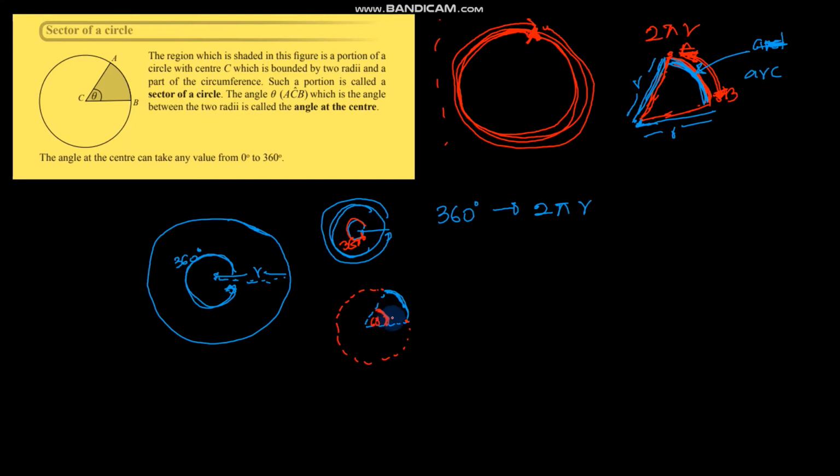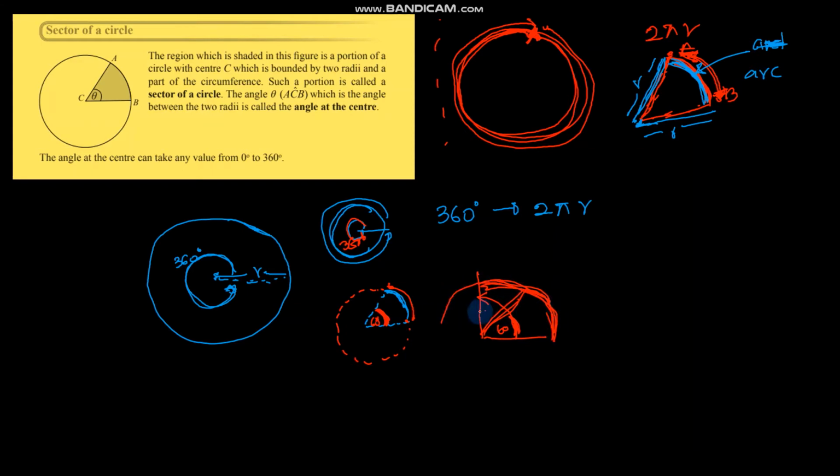What you can see is that the length from this point to this point is proportional to the angle that you have in here. If I increase this into here, the length increases as well. So this is increasing proportionally when it comes to a circle.